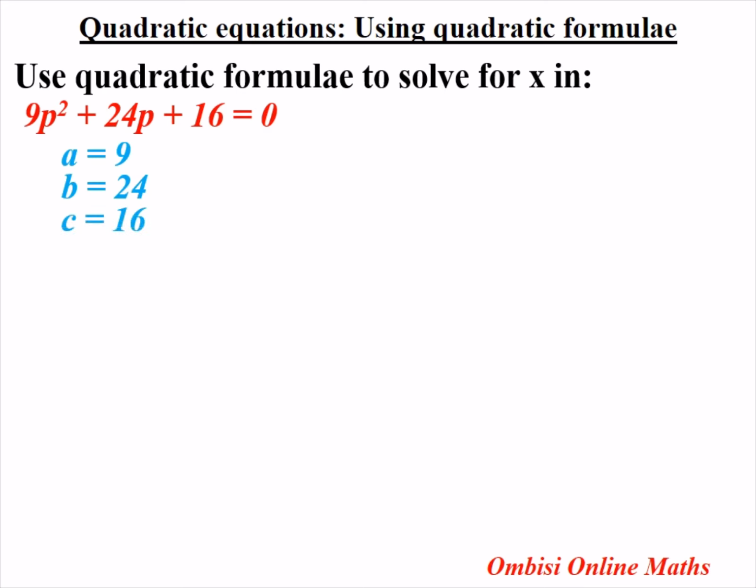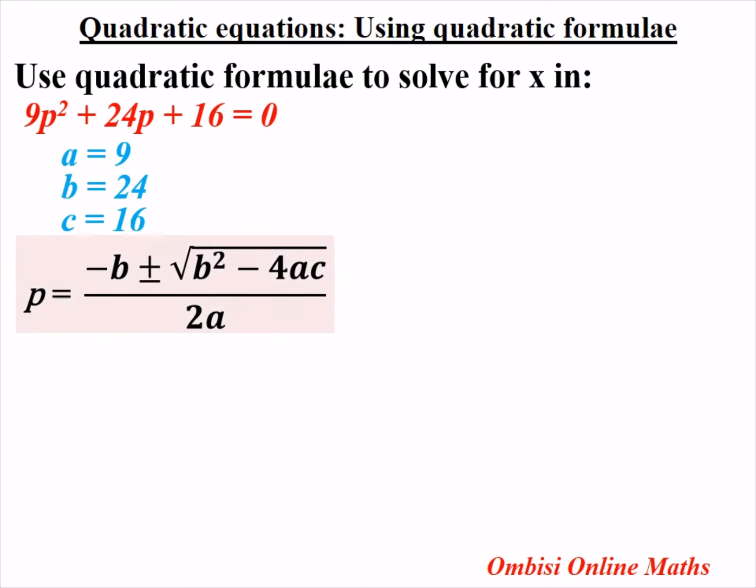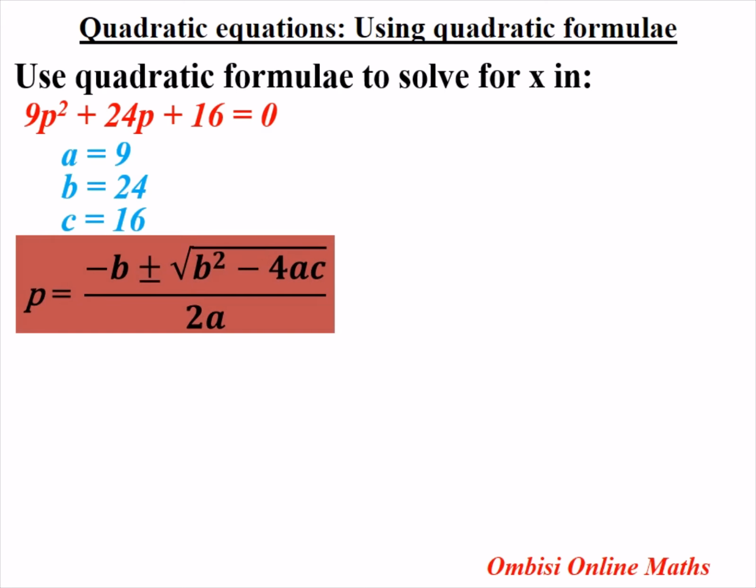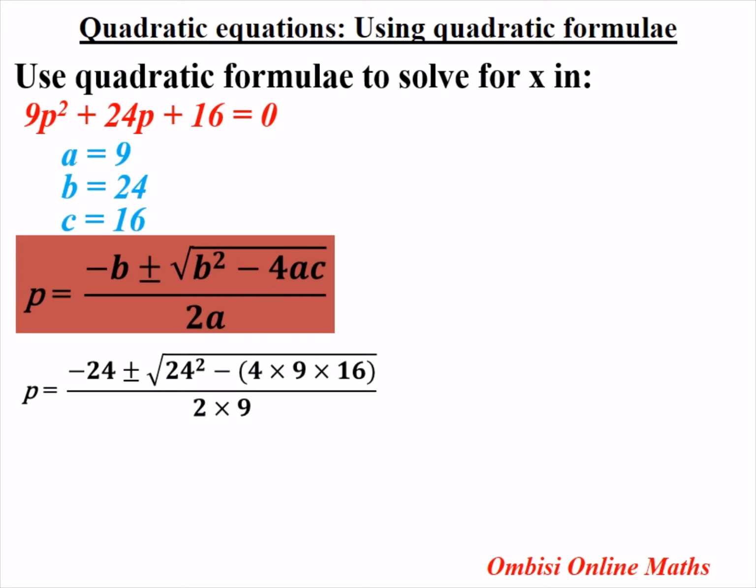So using the quadratic formula, where you interchange x with p, you find that the quadratic formula still holds. So substitute the values of a, b, and c into the formula, and you end up with p equals negative 24 plus or minus the square root of b squared, that is 24 squared, minus 4ac, that is 4 times 9 times 16, over 2 times a, that is 2 times 9.